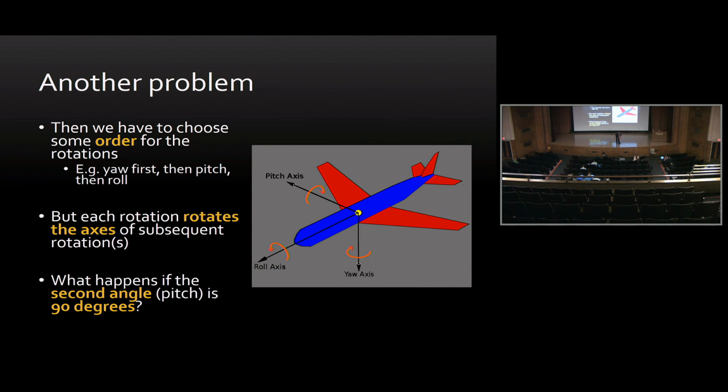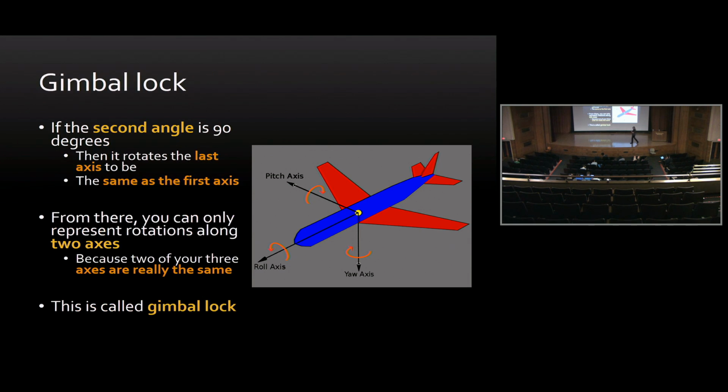In other words, it's parallel to the axis I started out yawing around. And so now I've lost a degree of freedom, because my roll number is actually rotating around exactly the same axis my yaw number was rotating around. And so I can only specify rotations around that axis. We've lost a degree of freedom.